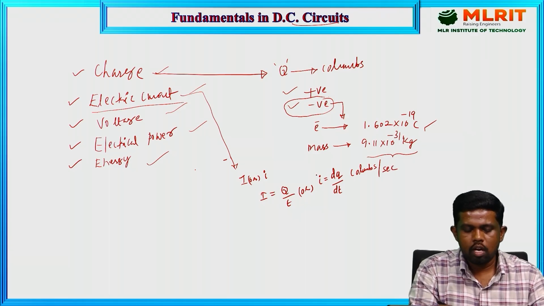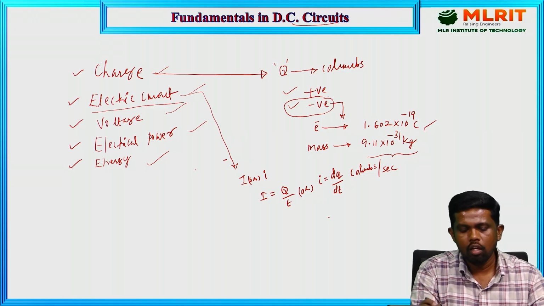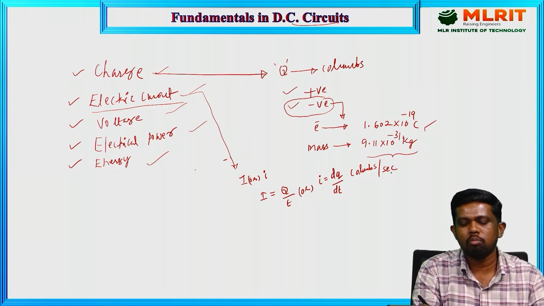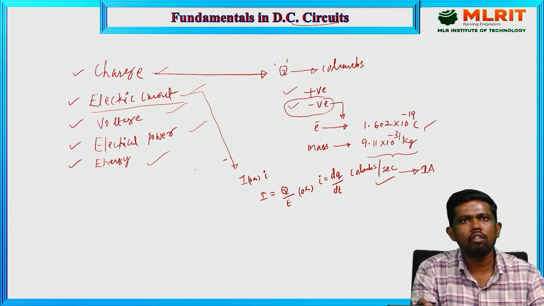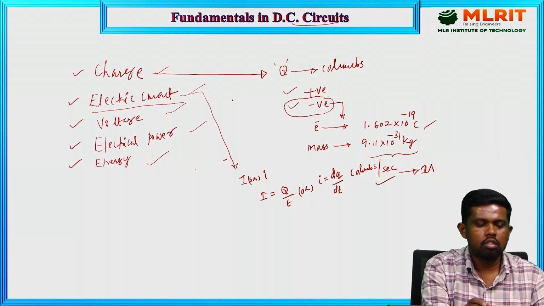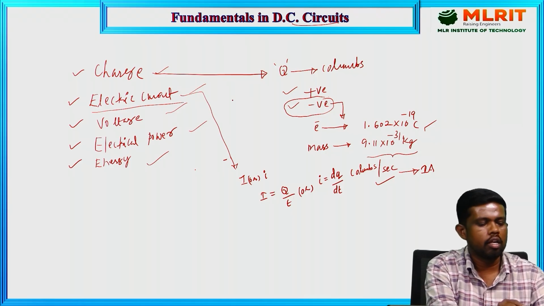So the current is measured in coulomb per second. One coulomb per second is also called one ampere. That's why the unit of current is either coulomb per second or simply ampere. This is the discussion regarding electric current.